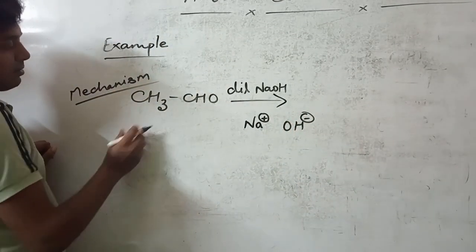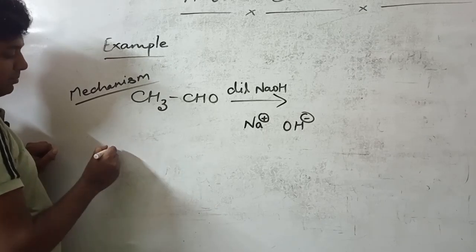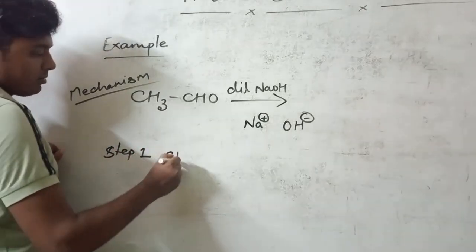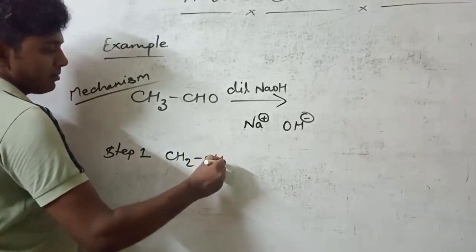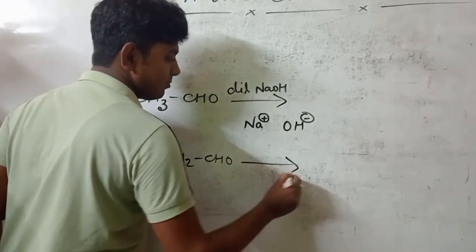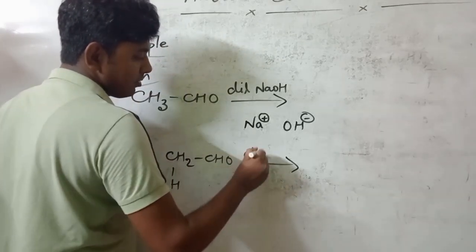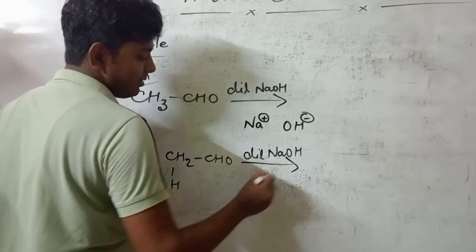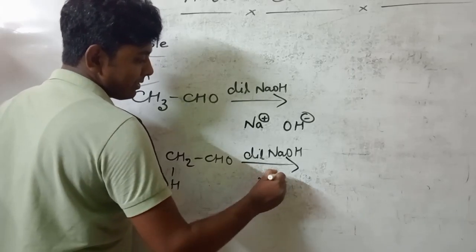According to this, step 1: CH3CHO with dilute sodium hydroxide, so OH minus.